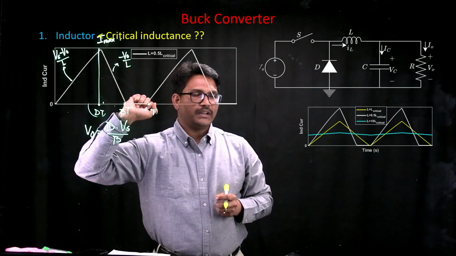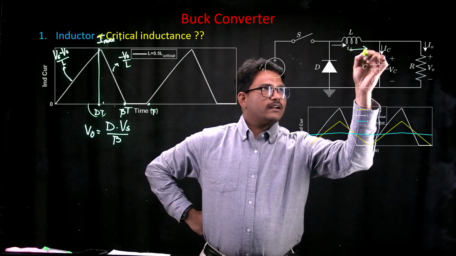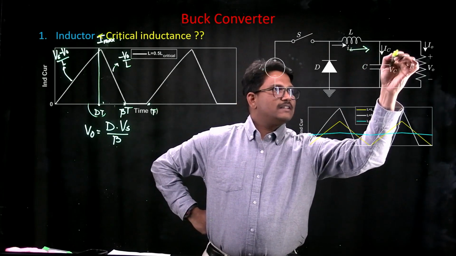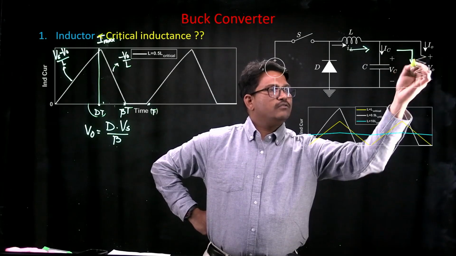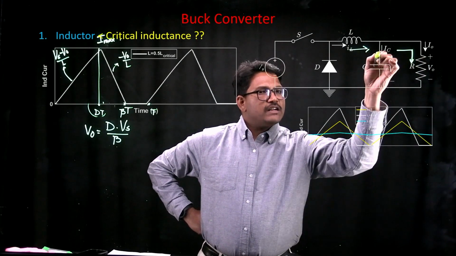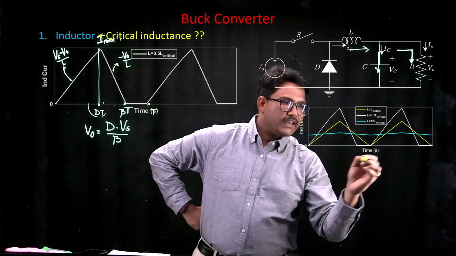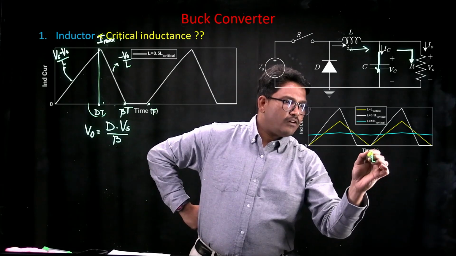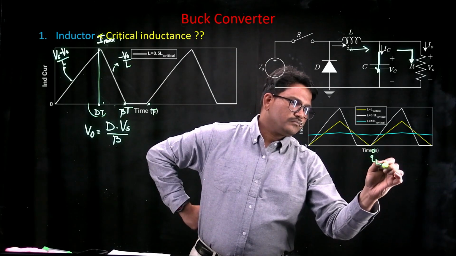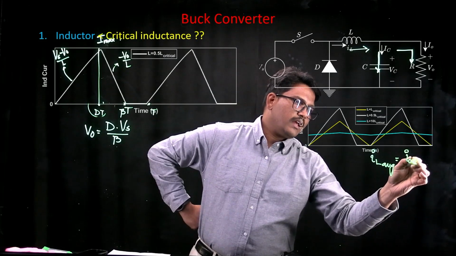The average value of inductor current is exactly the same as the average value of output current, because the average value of current flowing through a capacitor is 0. So what we mean to say is the value of IL average will be exactly the same as I naught average.